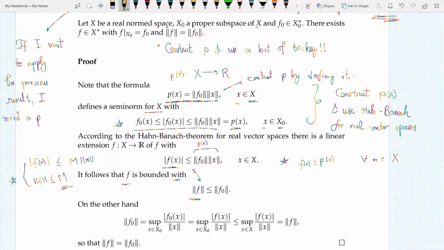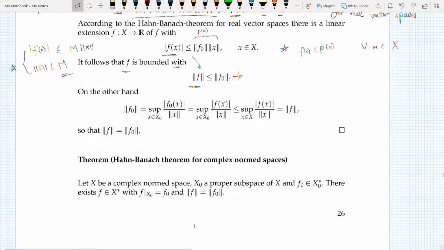Now I see that F is bounded together with this property. On the other hand, looking at the definition of F0, the norm of F0 is equal to the sup of F0 of X divided by the norm of X, which is equal to the sup of F of X. Now you might ask, why can I consider F of X here and F0 of X here and equate them? The reason is that X is restricted to X0 in both cases.